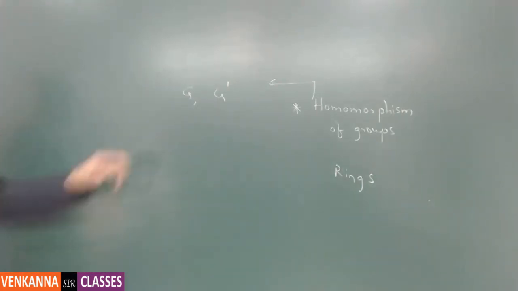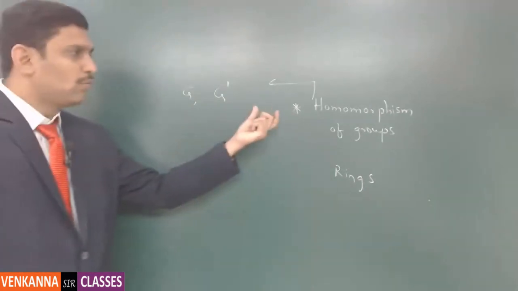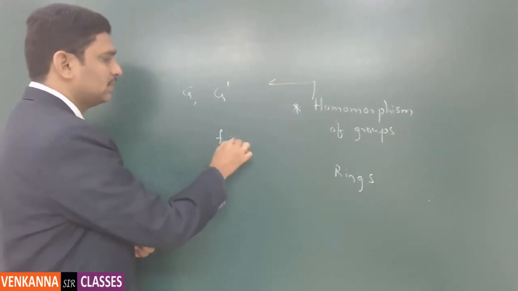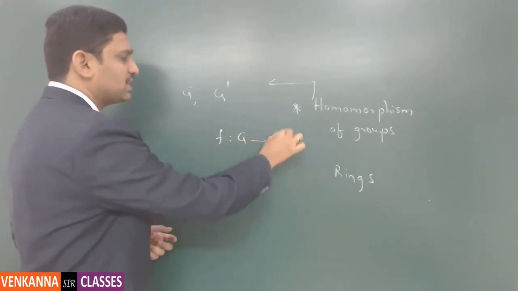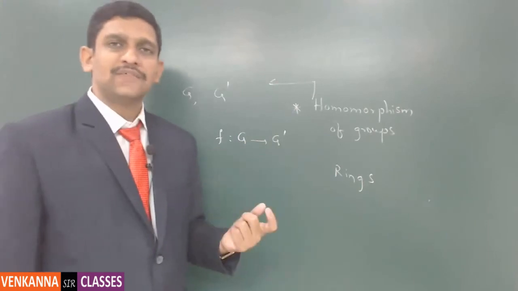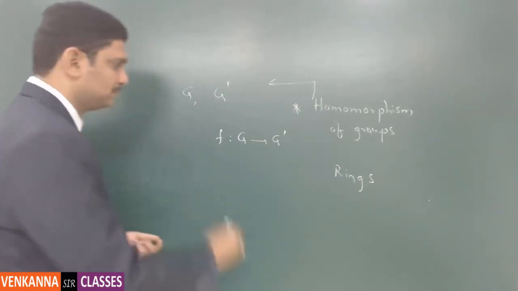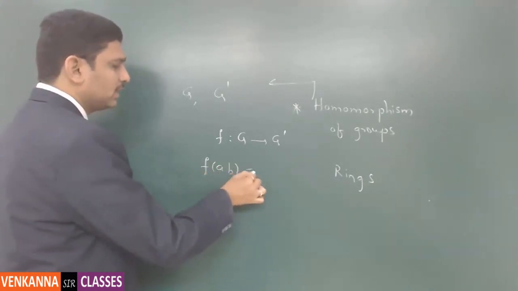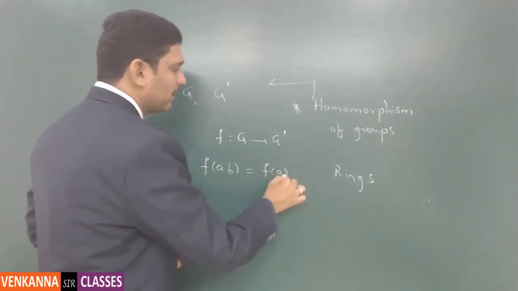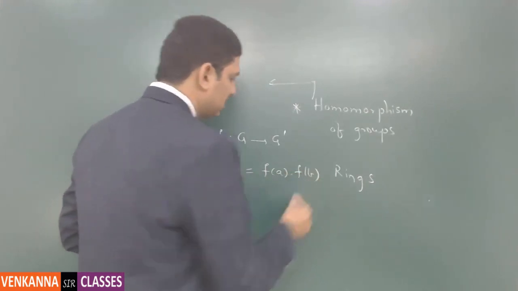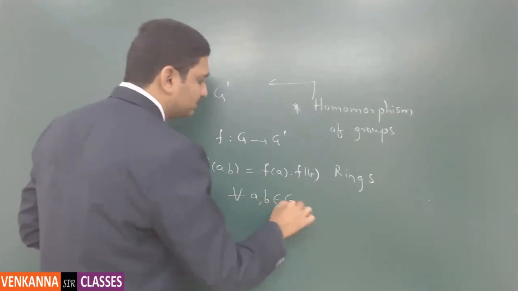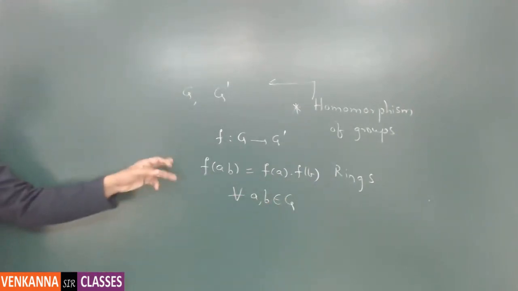So, if you go with the definition, let us take two groups G and G dash. Homomorphism is nothing but a function from G to G dash satisfying a property that f of AB equals f of A dot f of B for all A, B belonging to G. Please take a note of this.